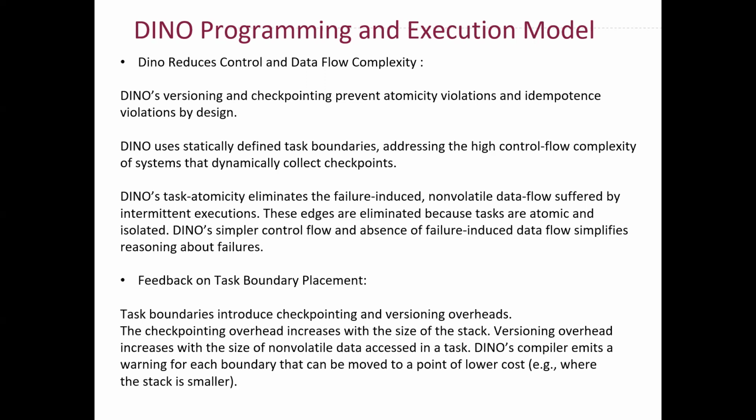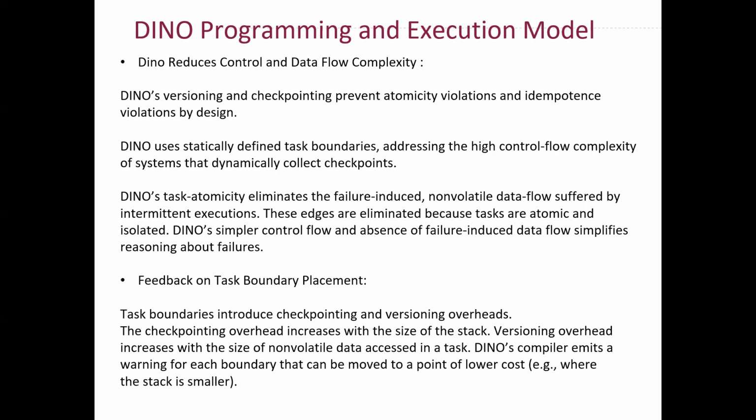So Dino requires programmers to manually place task boundaries, which make implicit control flow explicit. But it also suggests that programmers think about the cost of tasks in two ways: a task boundary overhead and a failure recovery cost. So Dino exposes these costs with compiler warnings, and this is something which they stated is a change they make to some fundamental things in C.